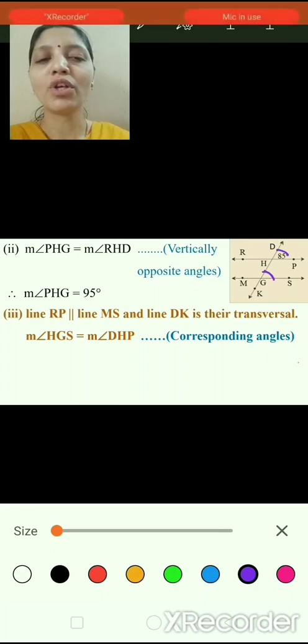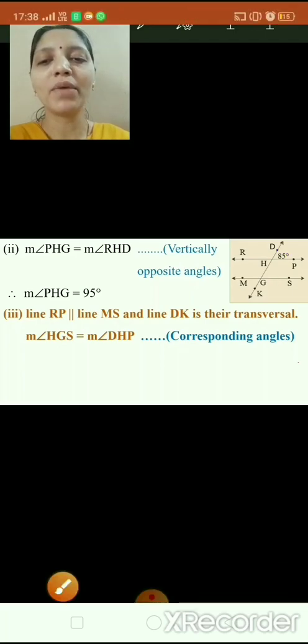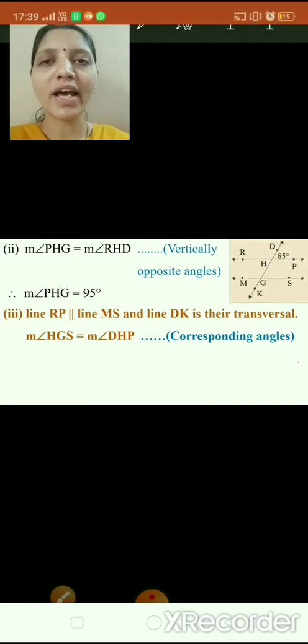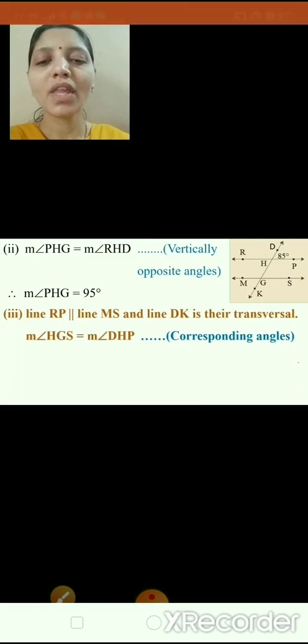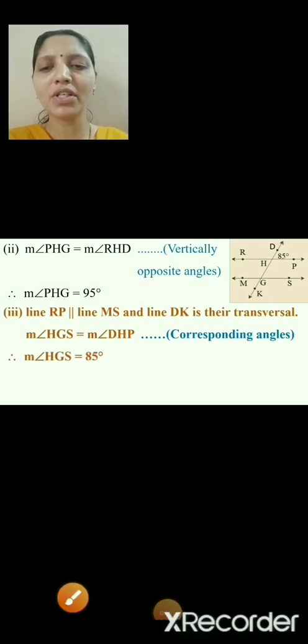So we know that corresponding angles are congruent. So we can write here major angle HGS is equal to major angle DHP. The reason you will write is corresponding angles. Now major angle DHP is 85 degrees. We can write major angle HGS is equal to 85 degrees. That will be your final answer.